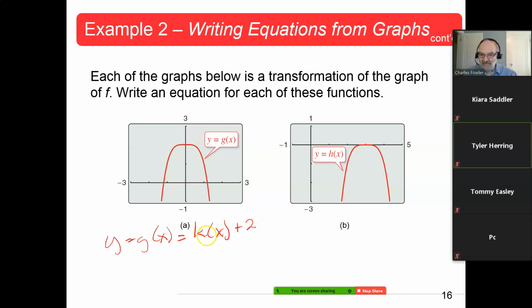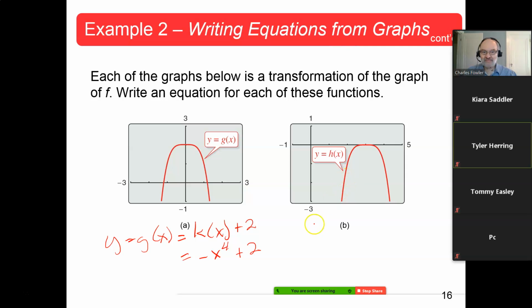You took the y value up 2. But the k of x, remember, was minus x to the fourth, and then you add 2 to it. So this is the reflection, flipping it over, and this is the vertical shift upward.